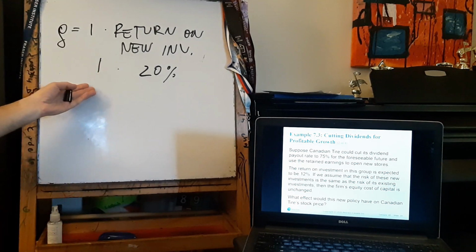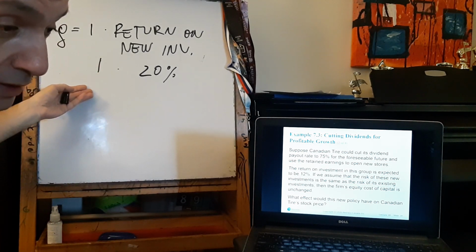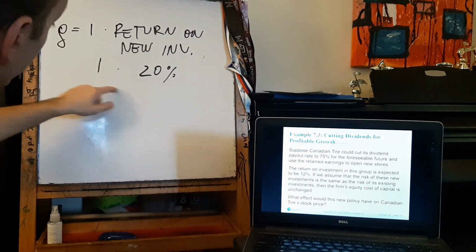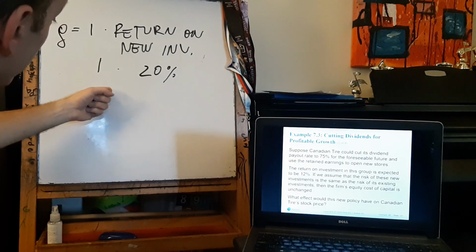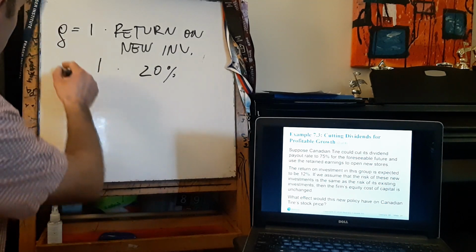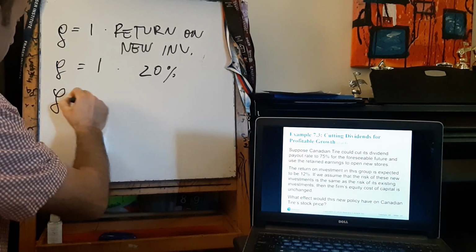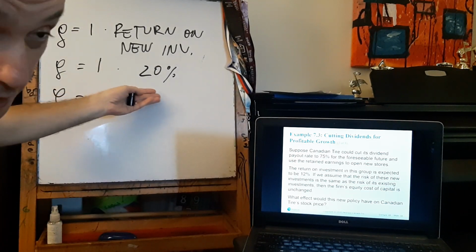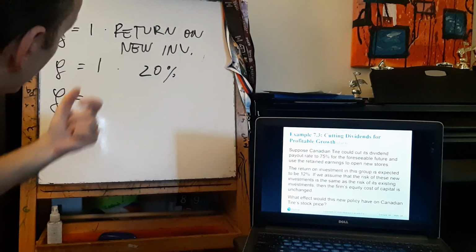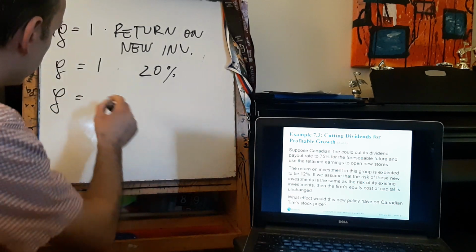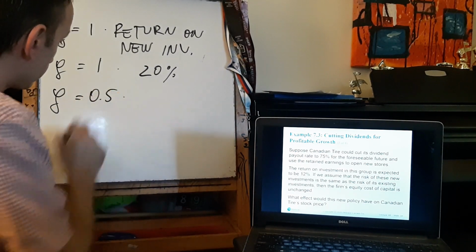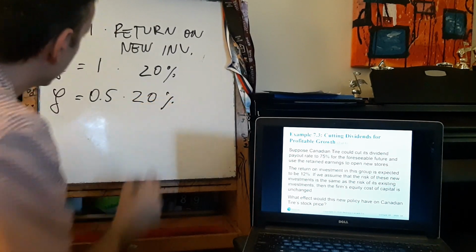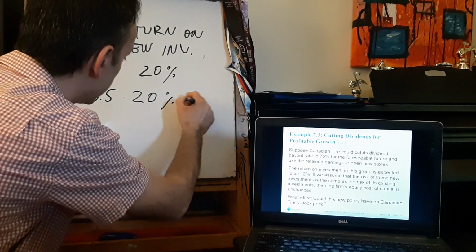But if you take just half of your net income, give it to the shareholders, and the other half you put into new investment, then you can see how the growth rate of your company now is not going to be 20%. It should be half of that 20%, because you only put half of your net income into the new investment. So it's going to be half times 20%, which is return on new investment. So it's going to be 10%.